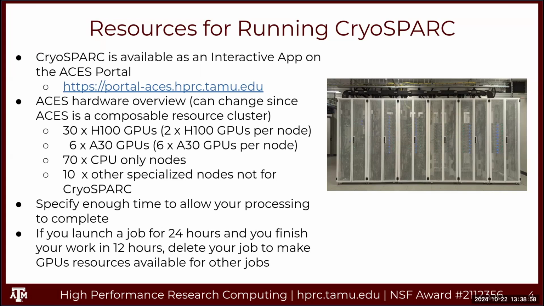We have 30 H100s and 6 A30s. This is a composable cluster, so at times we may have only 2 H100s connected per node. Other times we may have 8 H100s connected per node, and that can change. And I'll show you how to see the current status configuration.